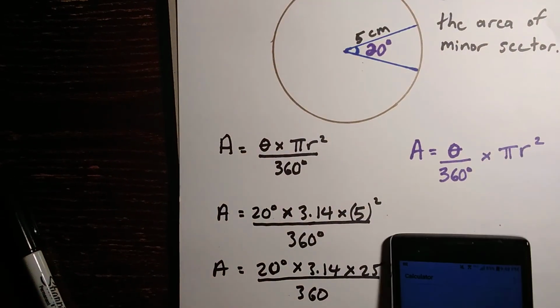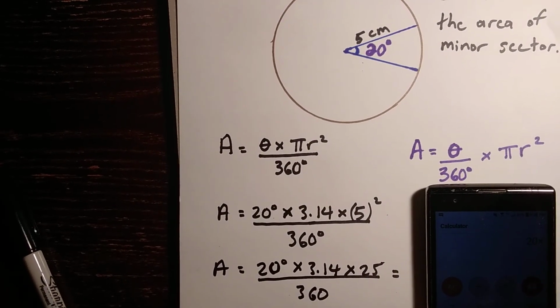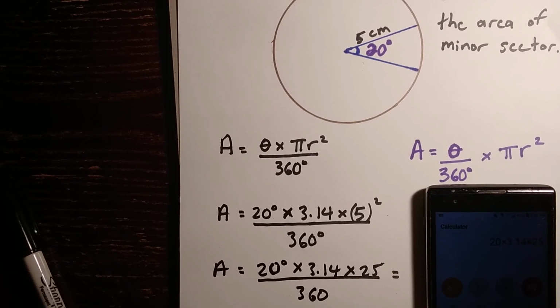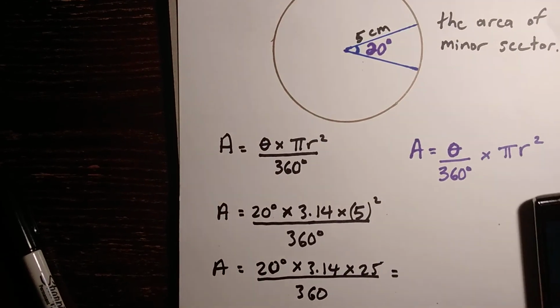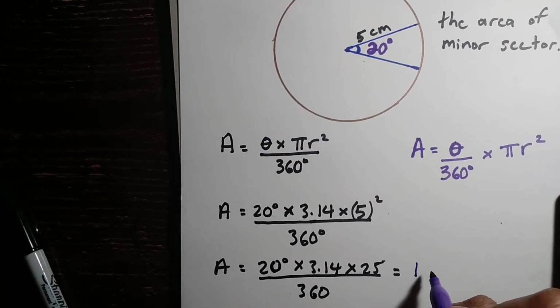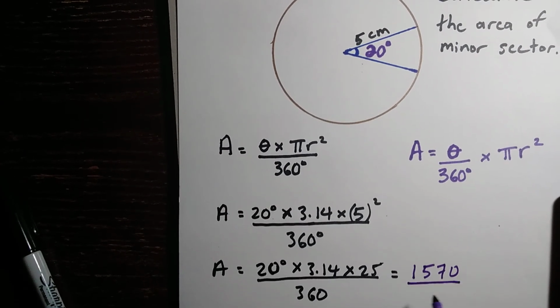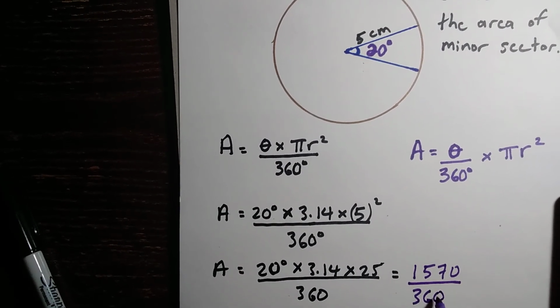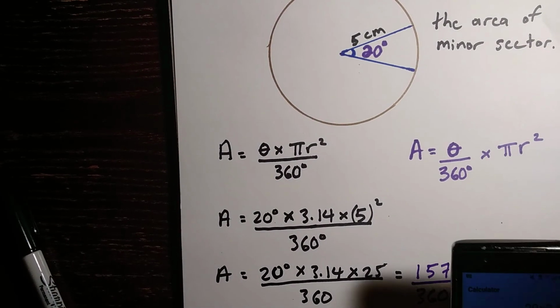So this would be 20 times 3.14 times 25. That is 1,570 divided by 360. Let's divide this number by 360.